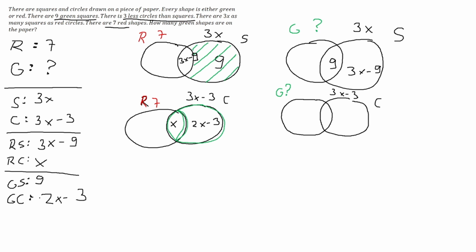We know that the green circles are 2x minus 3 because we figured that out thanks to this Venn diagram right over here. So that's 2x minus 3. Next time I'll draw the intersections bigger. So that's the intersection.